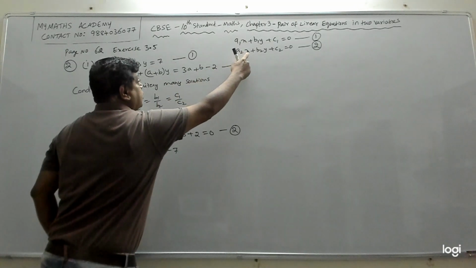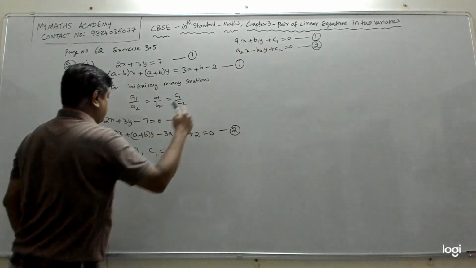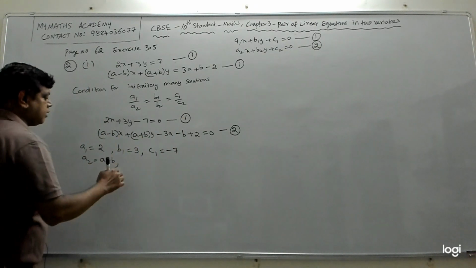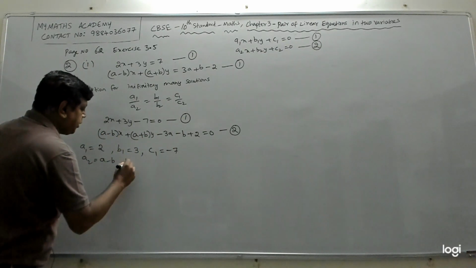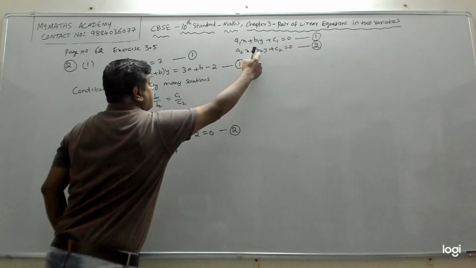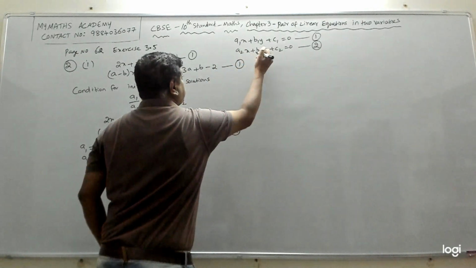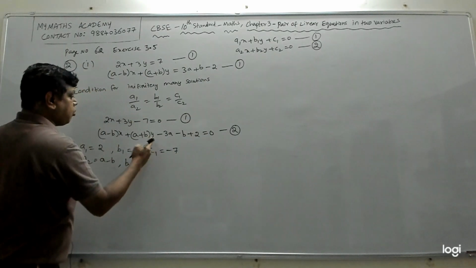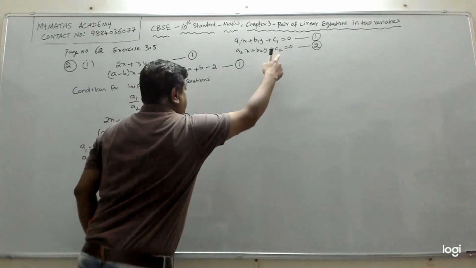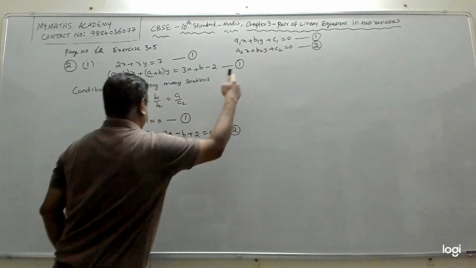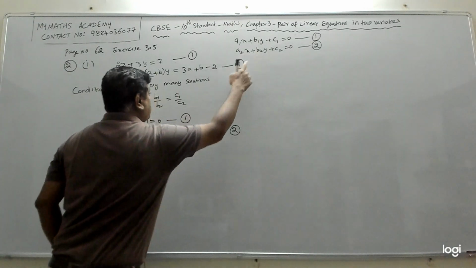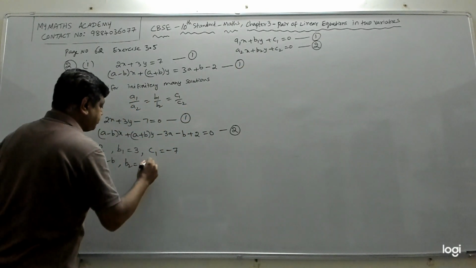Whatever is before x here is a minus b, that is a2. b2 is the coefficient of y in the second equation, so b2 is a plus b.